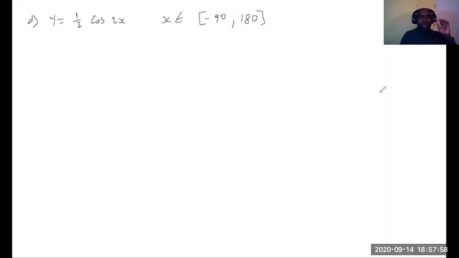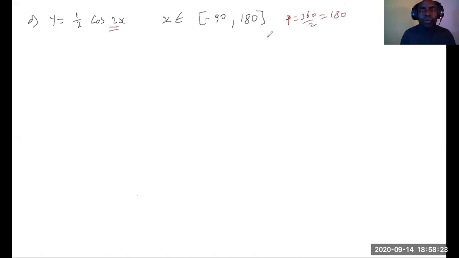Now our question D is a typical example where the period has been changed. Here it means putting two graphs into 360. So our period will be equal to 360 divided by 2, which would give us 180.